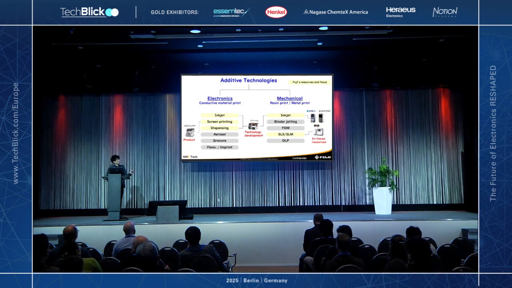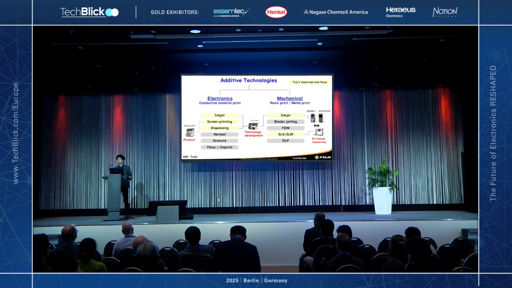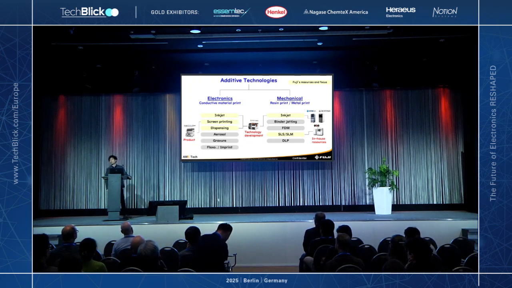And on the opposite side, we have some inkjet 3D printers for resin printing from Stratasys or 3D Systems. And we are using those machines for prototyping and development of new robot products. Also, we are using a metal 3D printer.